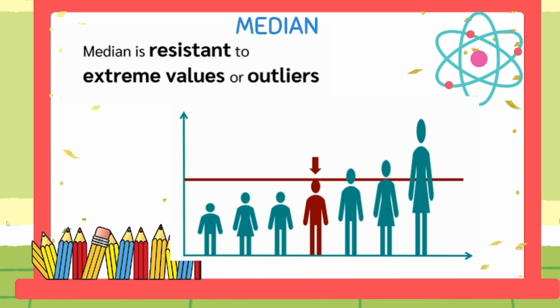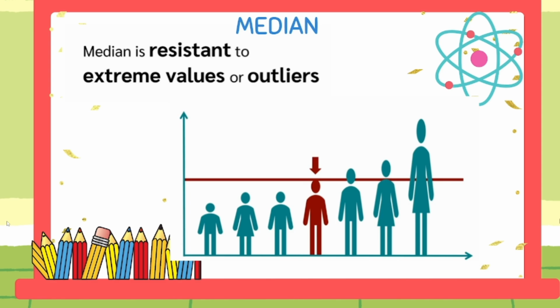It is important to know that this is resistant to extreme values or outliers. Example: no matter how tall the last person is, the person in the middle remains the person in the middle. So the median does not change, but if we look at the mean, it does have an effect on how tall the last person is.